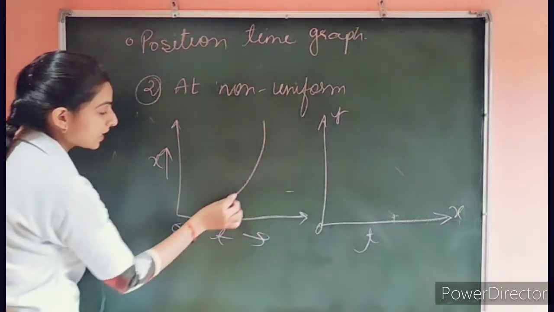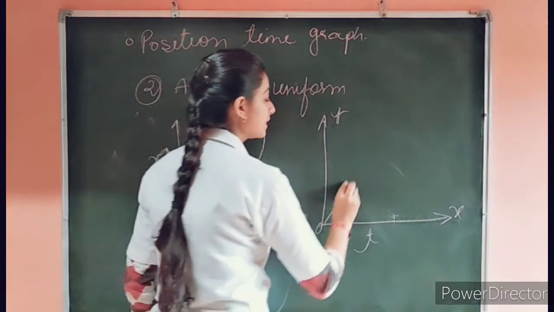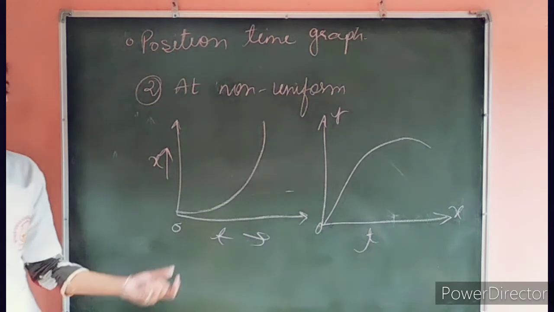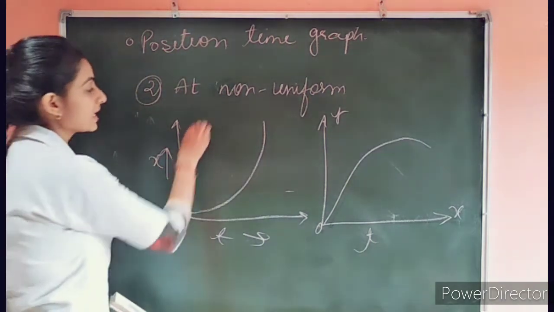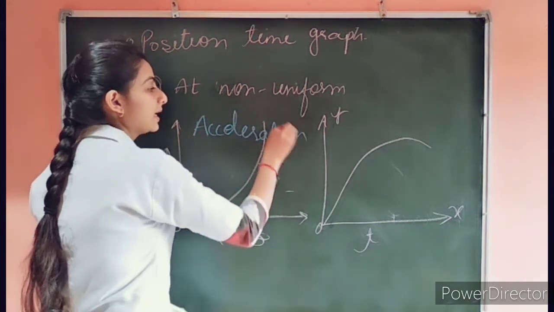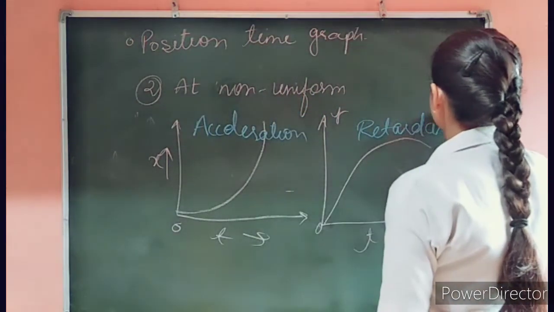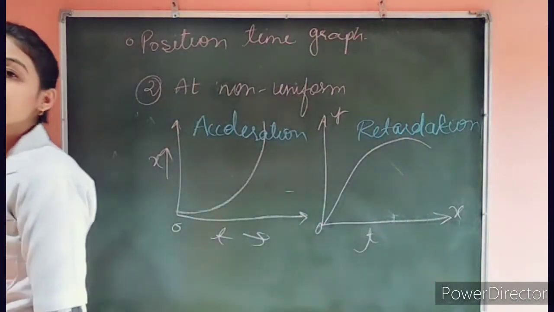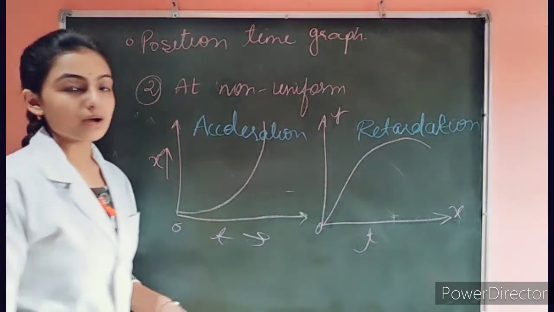So for acceleration we will get a graph like this, and for retardation we will get this type of graph. This shows the acceleration and that shows the retardation. These are the position time graphs for acceleration and retardation.